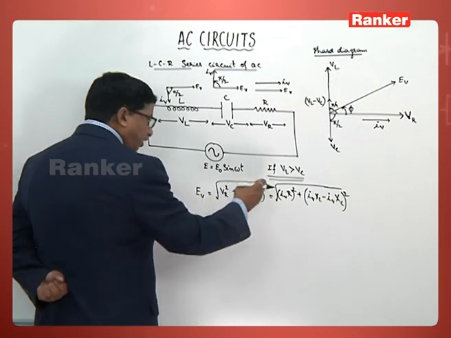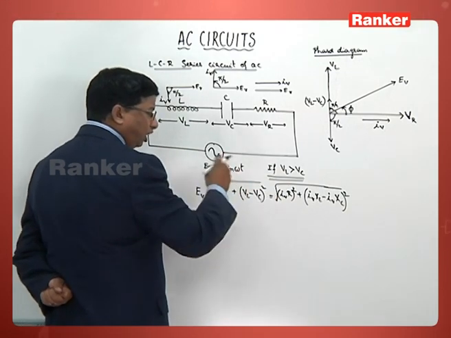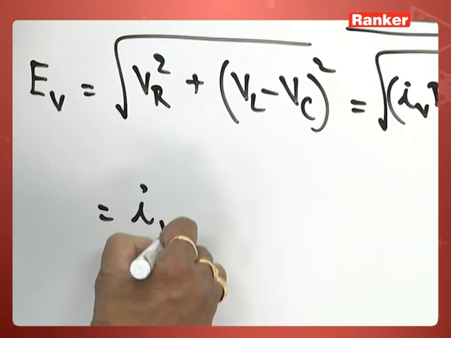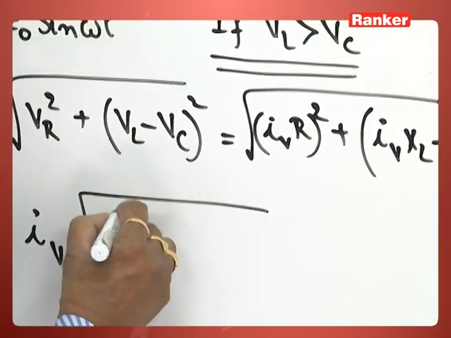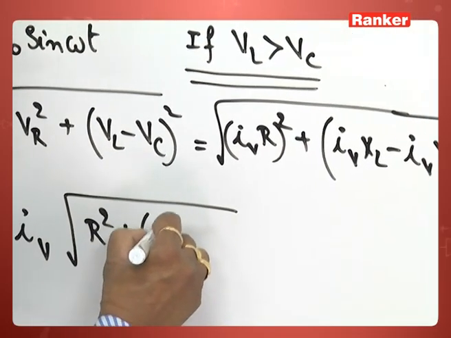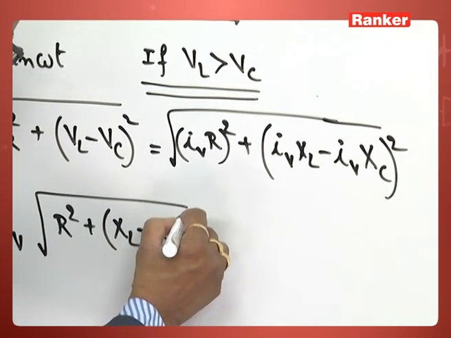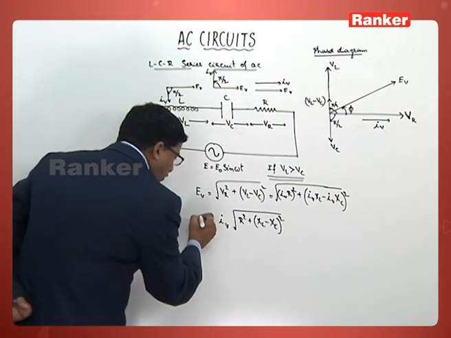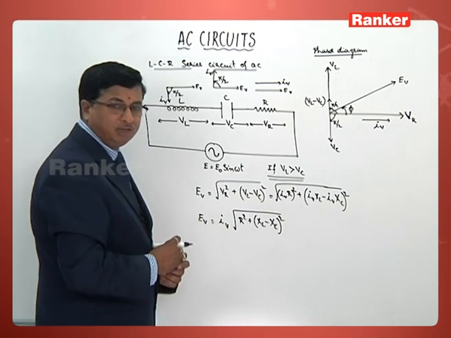If we take this IV square common and bring that one out of the root, we find this value IV into root R square plus XL minus XC whole square. This now is going to be the virtual value of EMF.